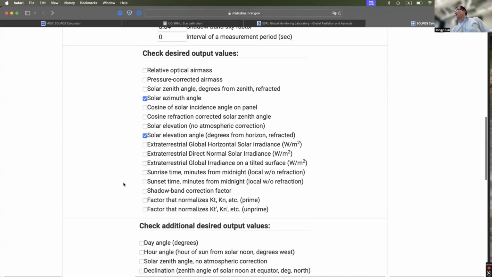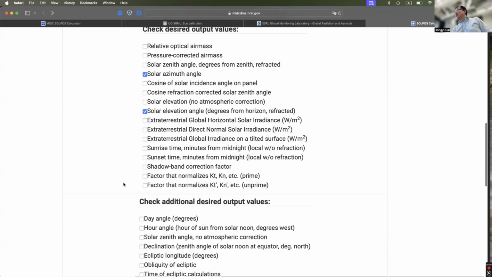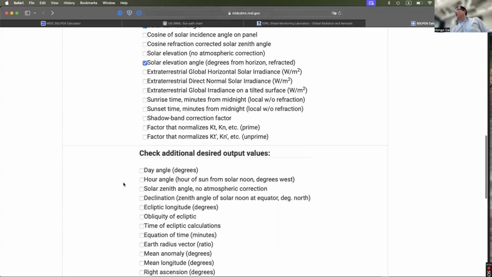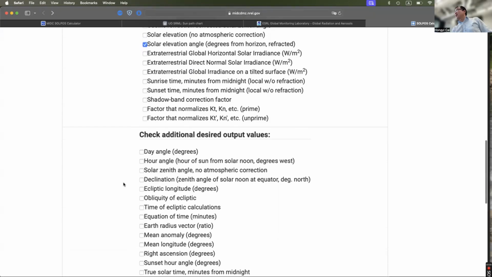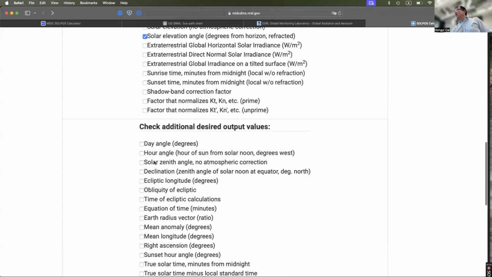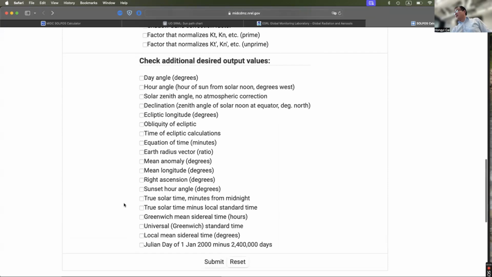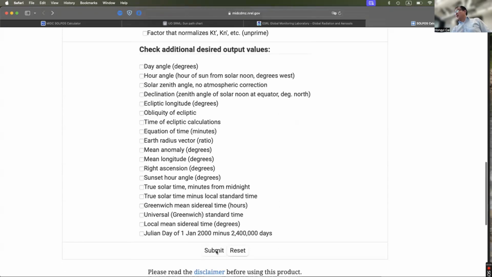And then sunrise time, sunset time, not necessary now. Additional design output values. Let me see if they have the roof angle. This one probably does not have the roof angle. Yeah. Right. So let me submit. See what we get.